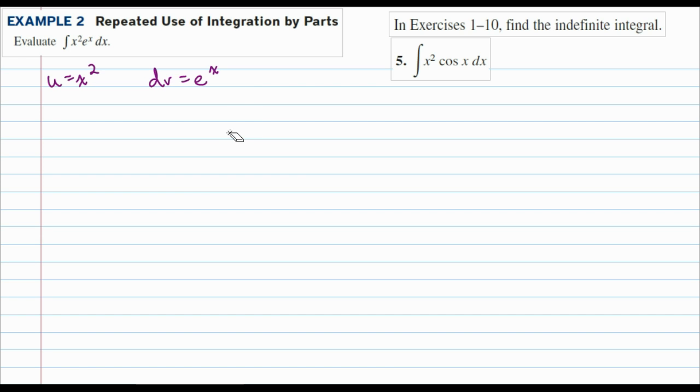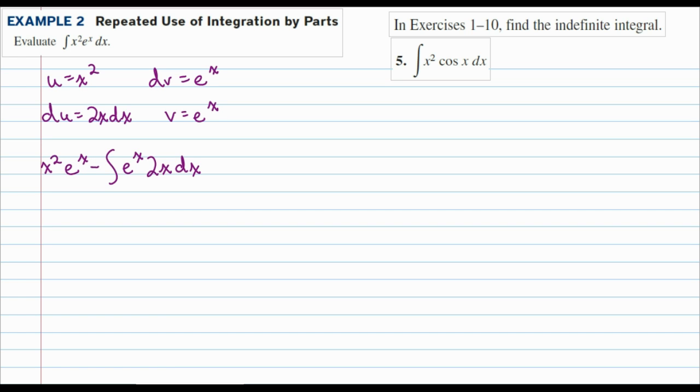I'm going to take the derivative of u, which gives me 2x dx, and then I take the antiderivative of dv, and I get v equals e to the x. So now I can plug that into my formula: u times v minus the antiderivative of v times du.